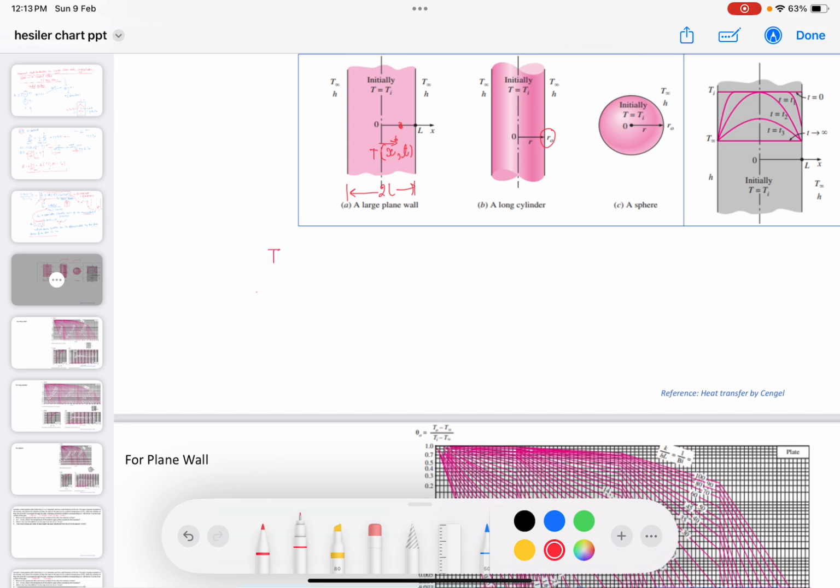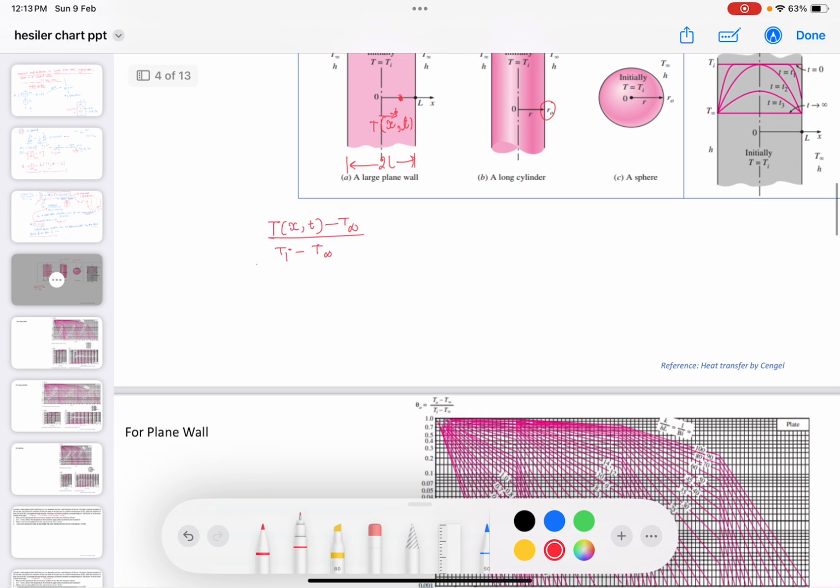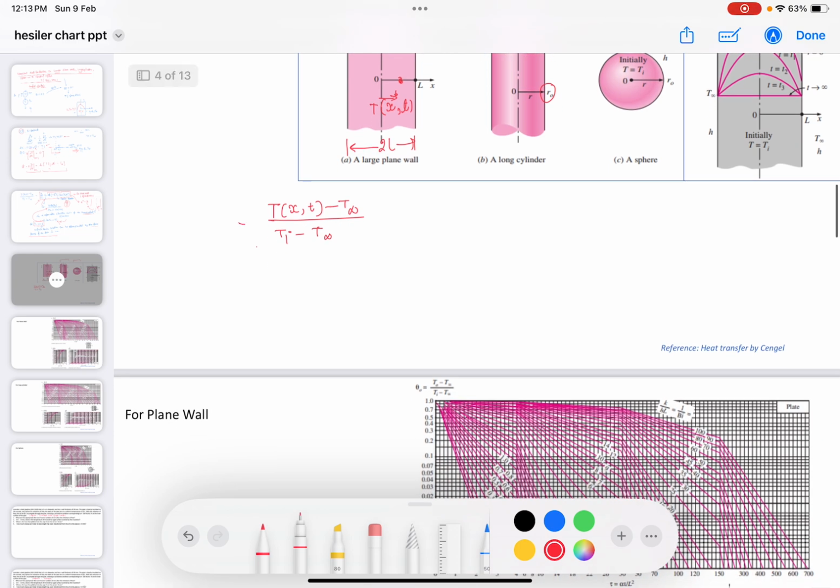So T at x and t minus T infinity upon Ti minus T infinity is the non-dimensional or dimensionless temperature. Next is the dimensionless distance from the center, which is nothing but capital X or X star. In some books it is written as capital X, or in some books as X star.